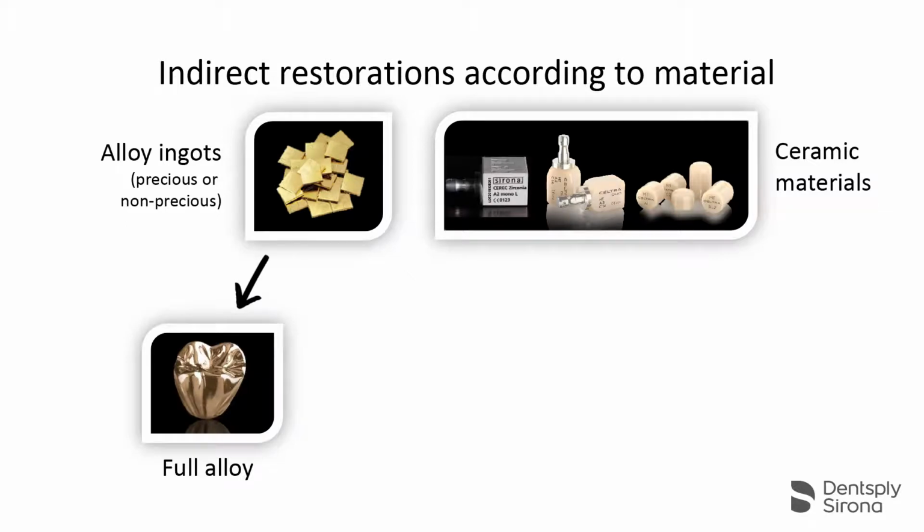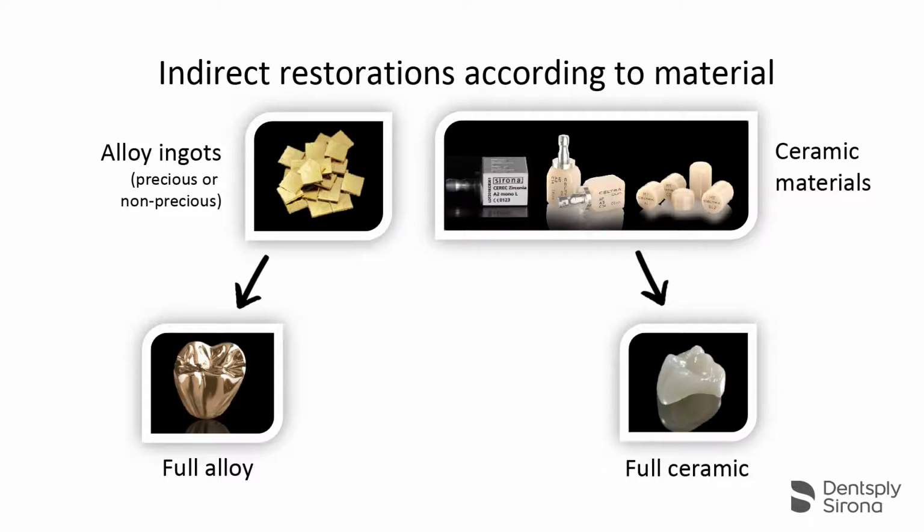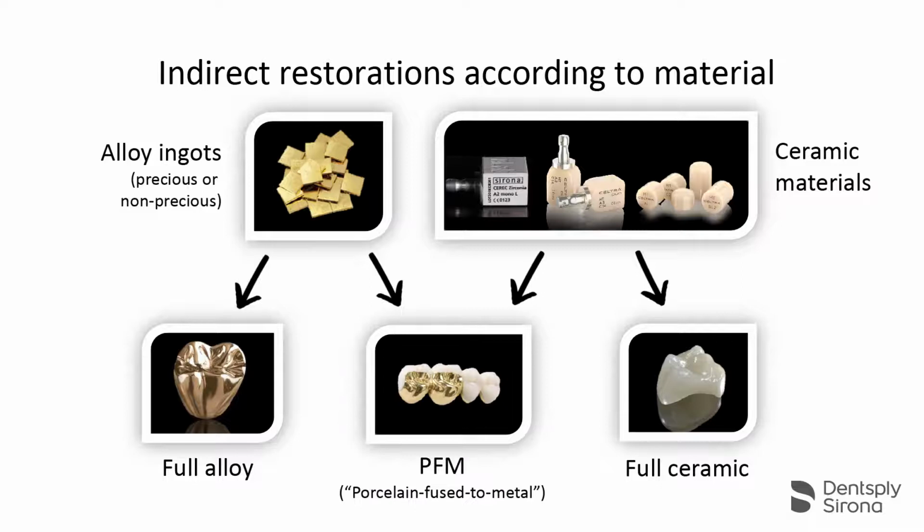A crown or FPD can either be fabricated solely using metal or ceramic. Both materials can, however, also be combined. These are then referred to as metal ceramic or porcelain fused to metal. The framework of a porcelain fused to metal restoration is cast in metal and then veneered with porcelain.